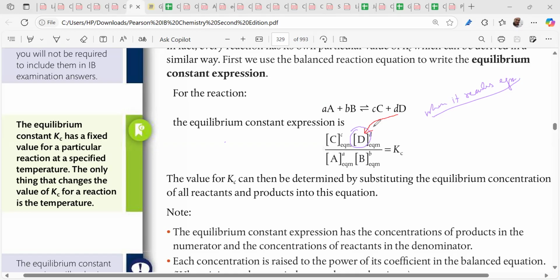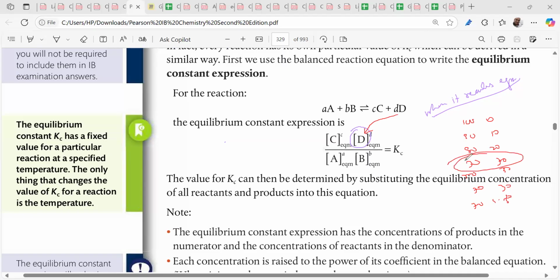See, we did 100, 0, 90, 10, it was fluctuating, 80, 20, 70, 30, 70, 30. So we have to note down that this is the equilibrium concentration.